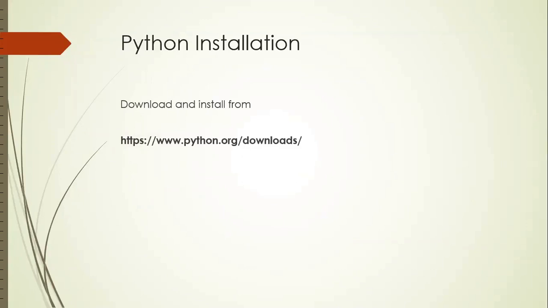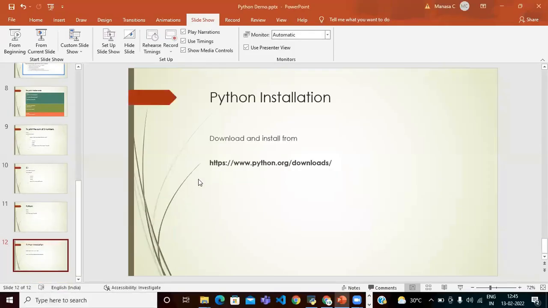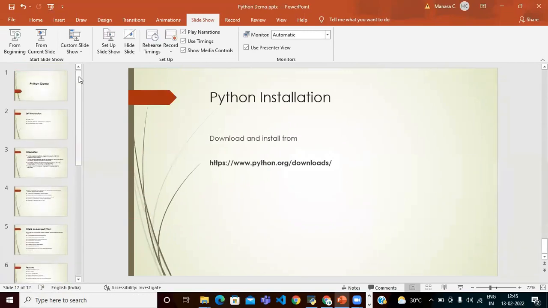And if you want to install Python, we need to go to python.org and use Python downloads, so that we can download the software and install it ourselves.